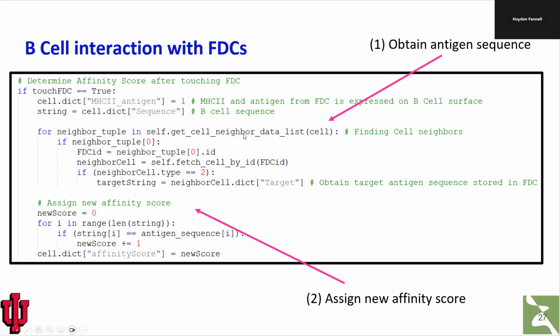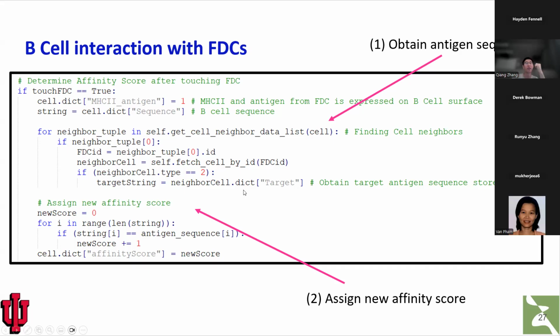It reads the antigen sequence presented by that FDC cell, and that antigen sequence is compared with the antibody sequence hosted by that B cell, to obtain the affinity score for the antibodies that particular B cell is producing. It compares letter by letter. If they're all matching, in this case, we give a high affinity score of 5. If they're not matching, that will be 0, for example.